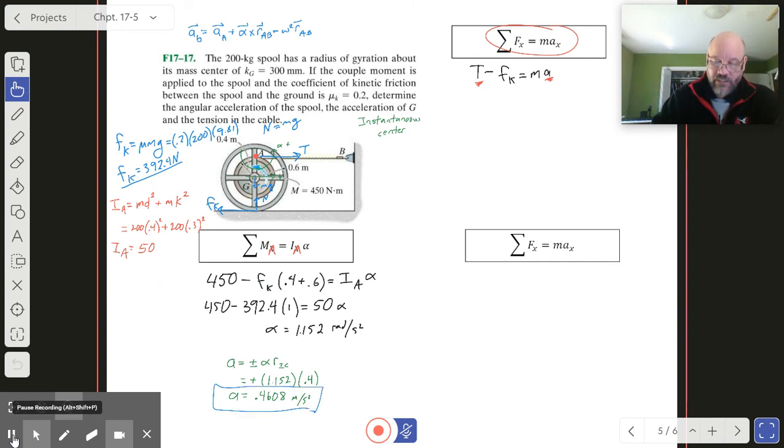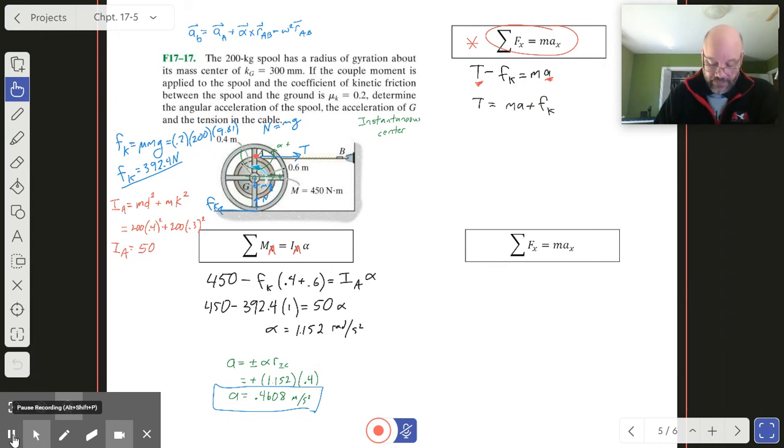Now, since we've got that, we can come back up to this relationship up here, looking at our horizontal forces, and we can write that our tension is equal to MA plus the friction. So that makes sense. The tension is accelerating it, and it's got to compensate for the friction.